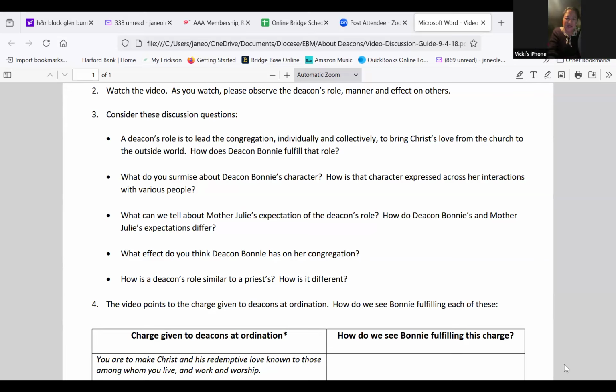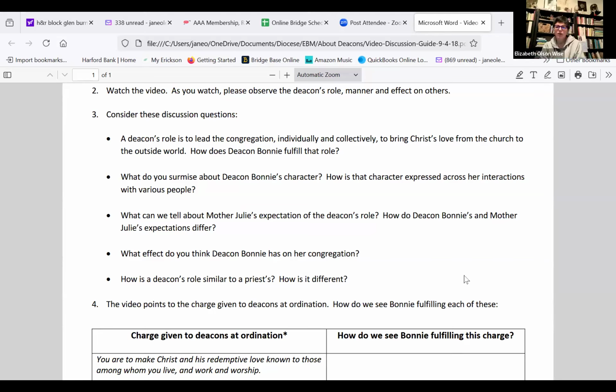I would imagine they really value her and appreciate her. Yep, I'd say the same. How's the deacon's role similar to the priest's, and how is it different? Well, she's kind of outwardly working as opposed to inward, like we talked about.